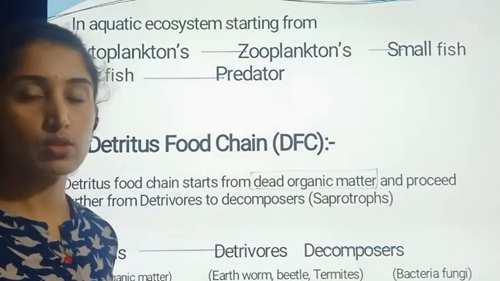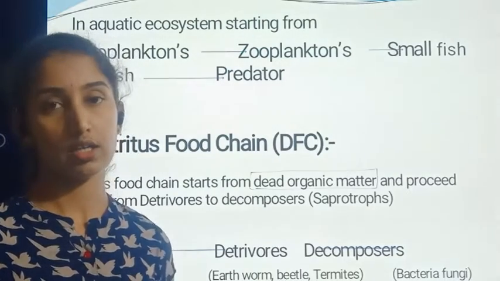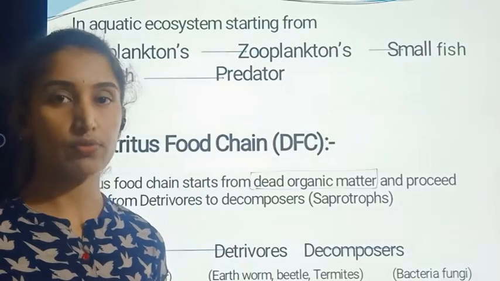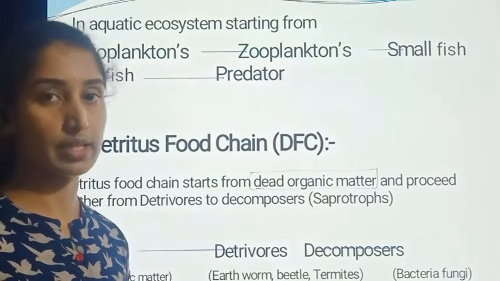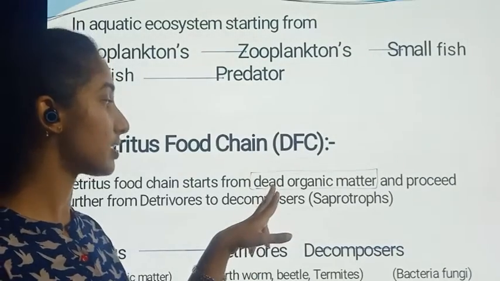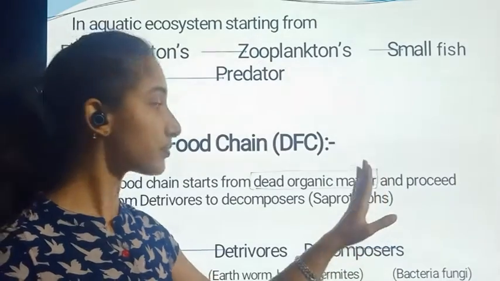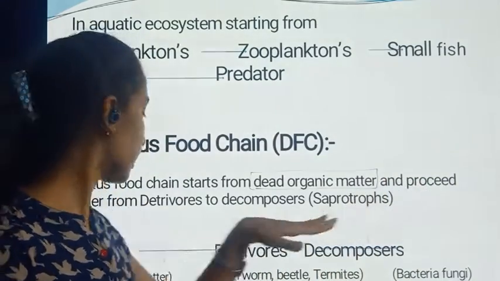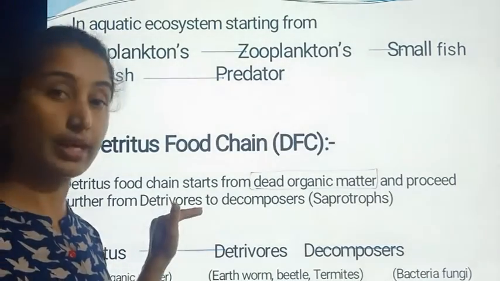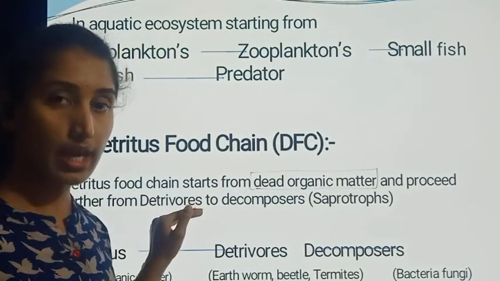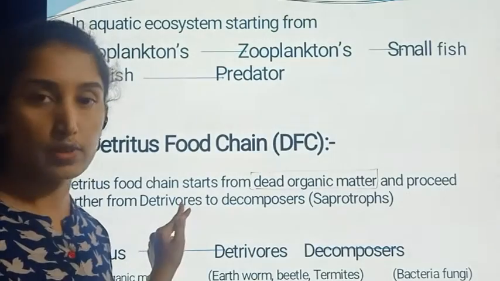It may be waste of plants, waste of animals, the fecal matter of animals, or the dead body of animals, or dead waste of plants. All this dead organic matter proceeds further to form detritus, which is consumed by the detrivores. We have discussed what detrivores are in the previous class.